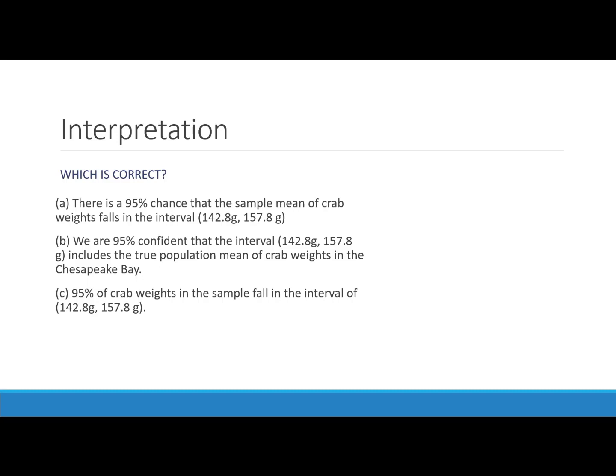B, we are 95% confident that the interval 142.8 grams to 157.8 grams includes the true population mean of crab weights in the Chesapeake Bay. Or C, 95% of crab weights in the sample fall in the interval 142.8 grams to 157.8 grams. So think about that.